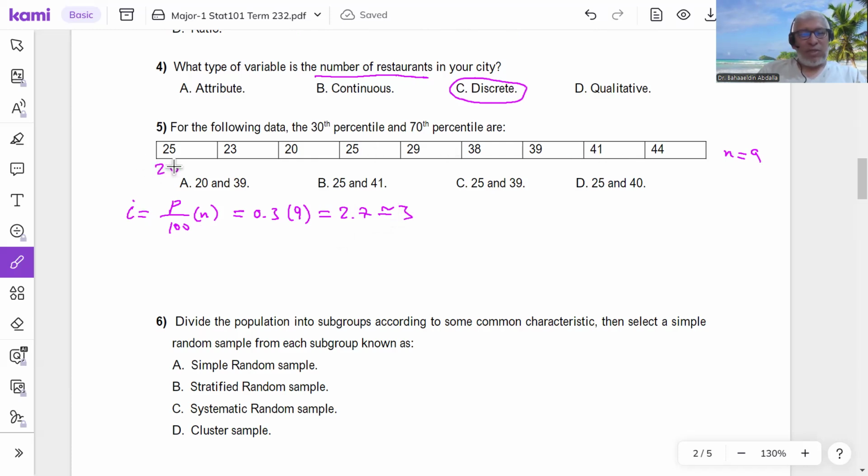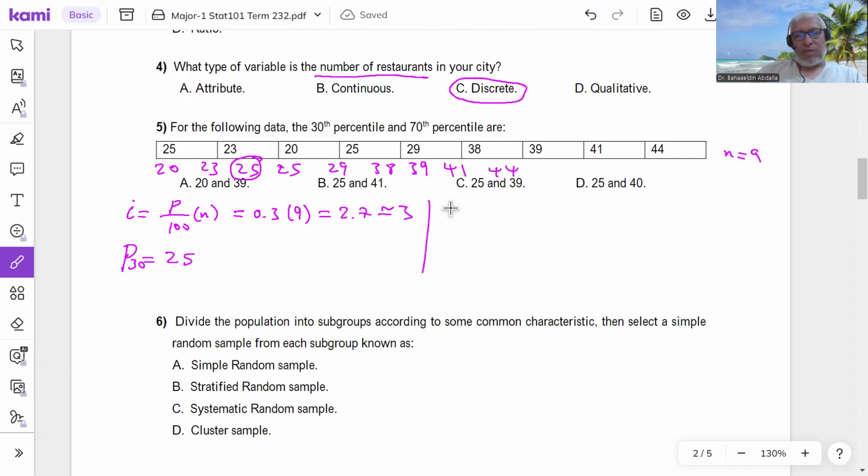So the smallest is 20, then 23, then we have two 25s, 28, 30, 38, 39, 41, 44. These are 9 numbers. The third number, 1, 2, 3. So the 30th percentile is 25.